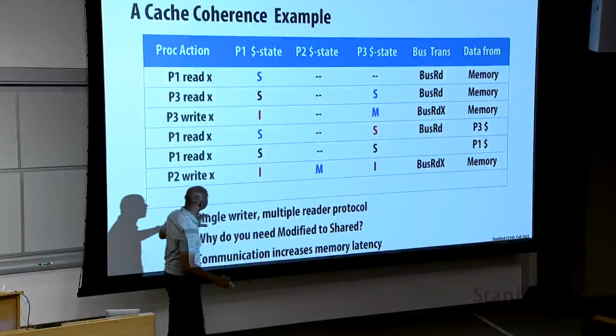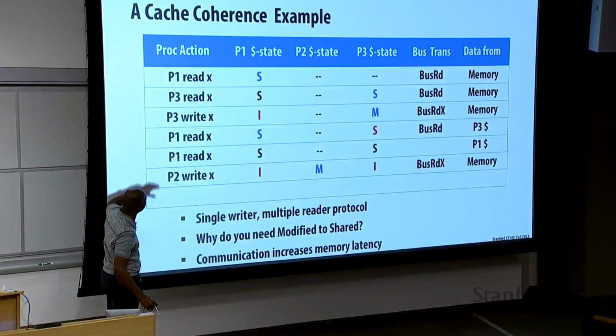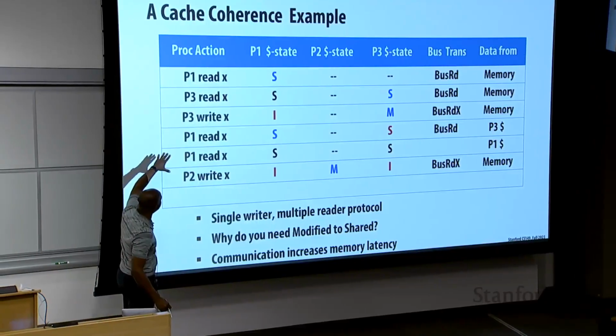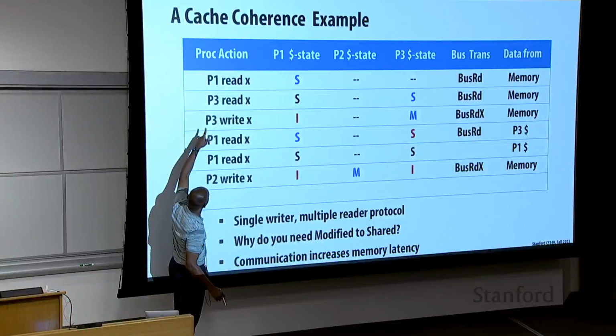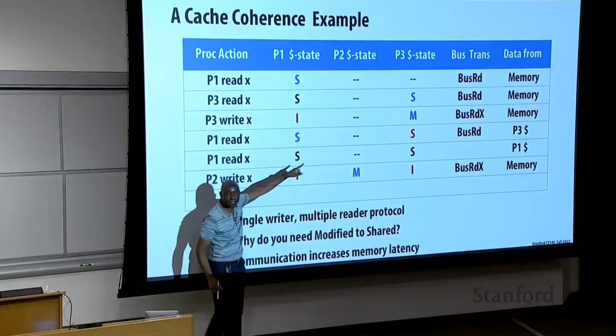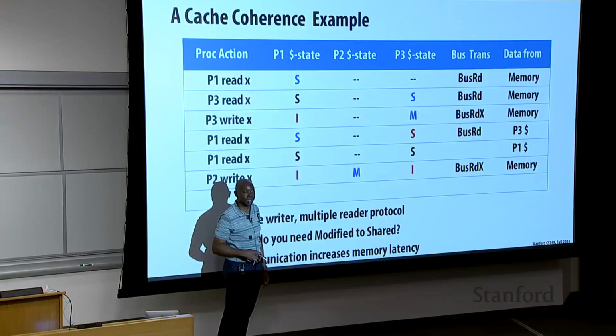Okay? So the other thing to know is that communication increases memory latency. We saw here that because P3 did a write to X, P1, which had X in its cache, now has to do a bus transaction, which is going to take much more time than hitting in its cache.